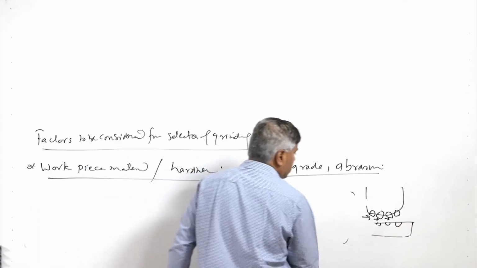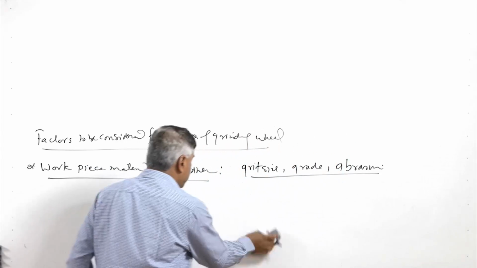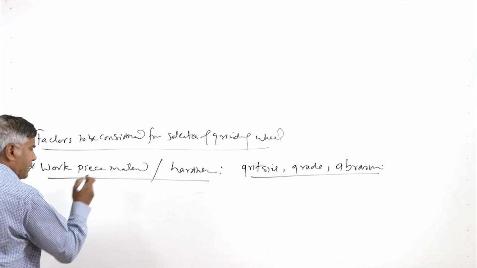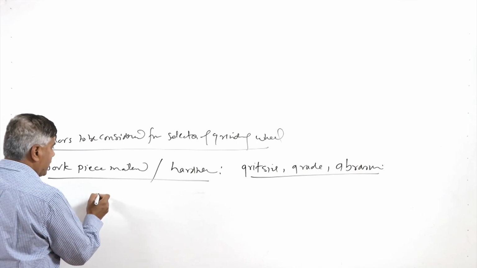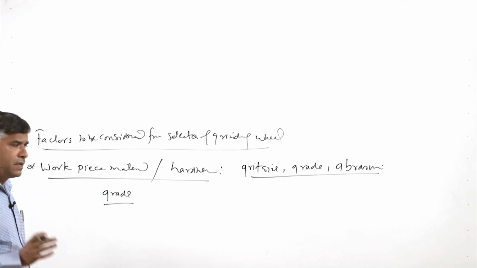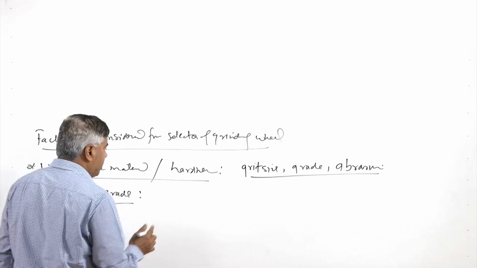Now coming to another characteristic which is to be considered while selecting the grinding wheel as per the workpiece material, which is the grade. You know that the grade is about the hardness or the bond strength by which the bonding material is holding the abrasives.